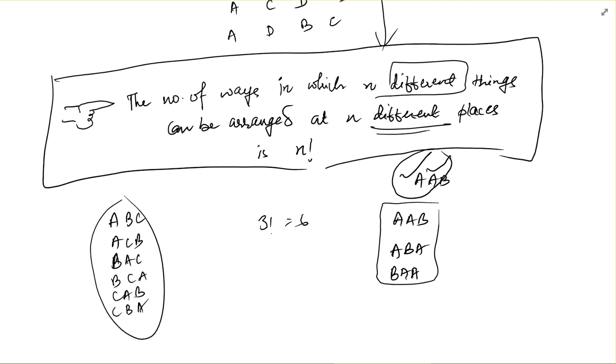In selection we use one formula, in arrangement we use a different formula, and in both formulas the things were different. So let us proceed.